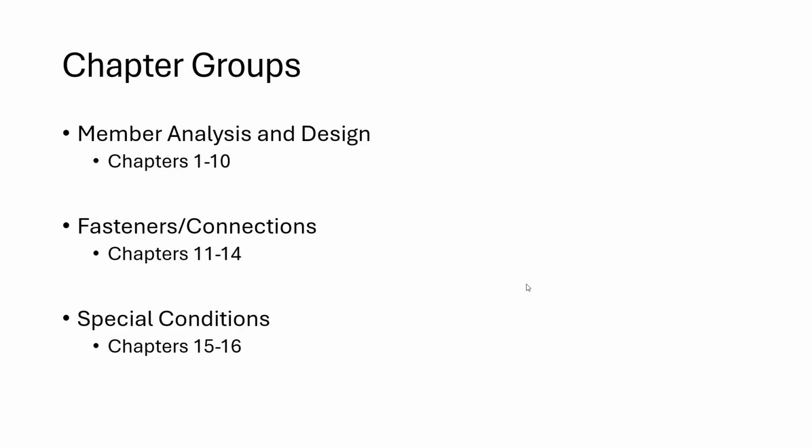So it's broken up primarily into these groups. Chapters 1 through 10 of the provision really talk about member analysis and design, meaning section analysis or design provisions and equations from Chapter 3.